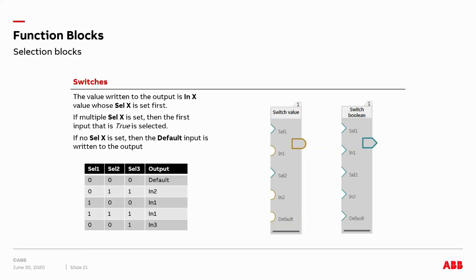Third example, third row down: select 1 is high, everything else is false. Input 1 would be the output. Everything's true: input 1 would be your output. And then last but not least, only select 3 is true. You get input 3 as your output. Pretty self-explanatory, but I think using some of those examples makes it a lot easier for you to see and understand it.